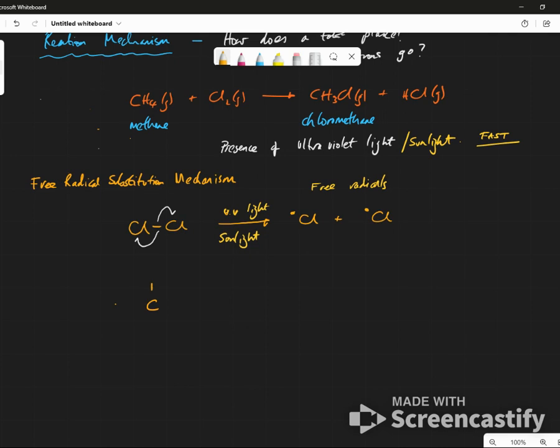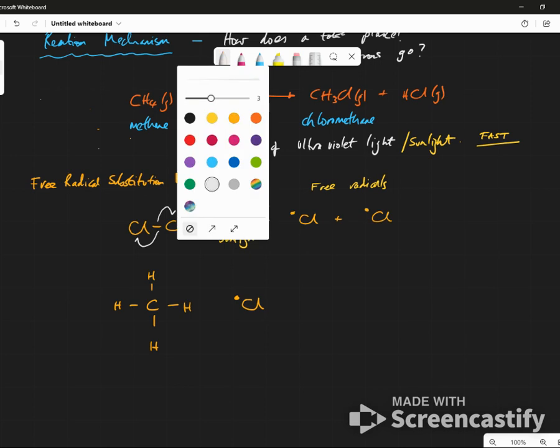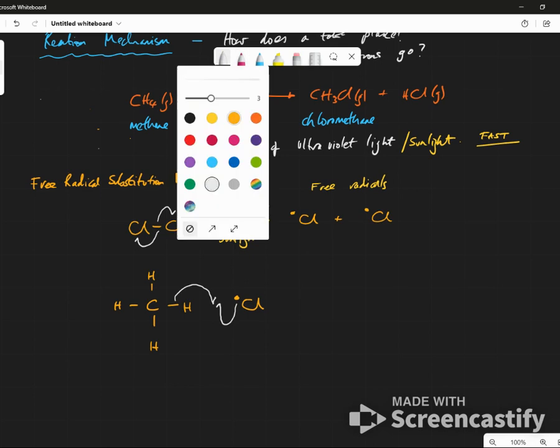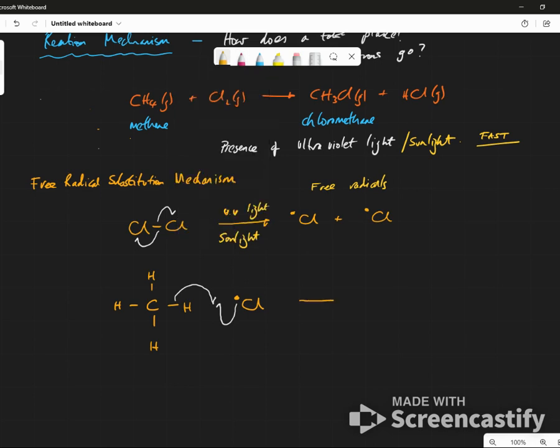Now, what's next? This thing is my methane. And along comes one of these chlorine free radicals. Now, what happens? Well, one of these electrons goes here between the hydrogen and the chlorine, and this electron goes there as well. So how many electrons do we have now between the hydrogen and the chlorine?